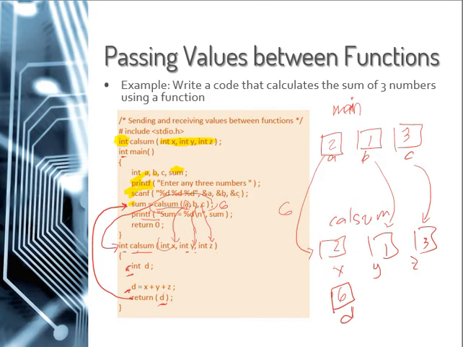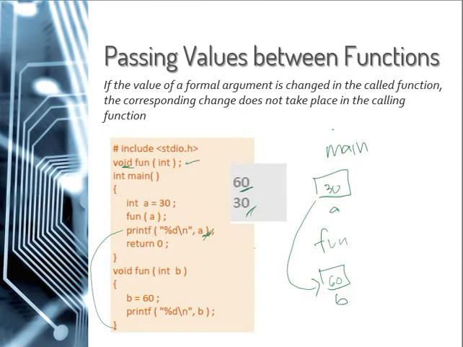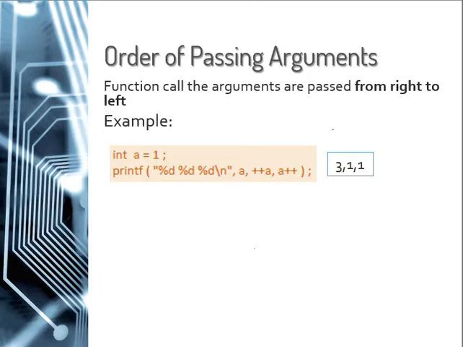But in other functions, especially those already defined in the library, they require an order in your arguments. So, here, printf is a function. As you can see, printf is a function. Its arguments are separated with commas.